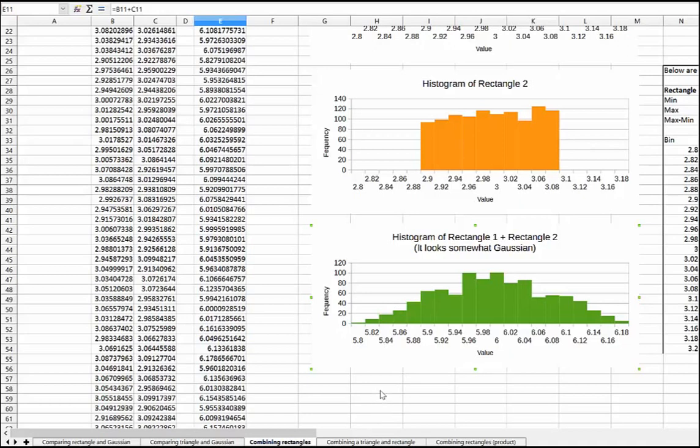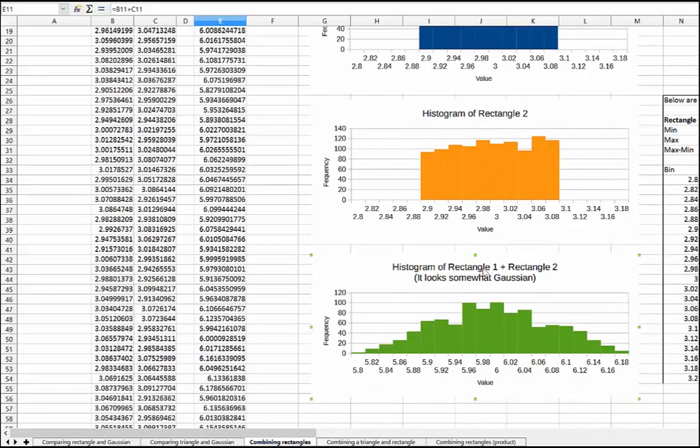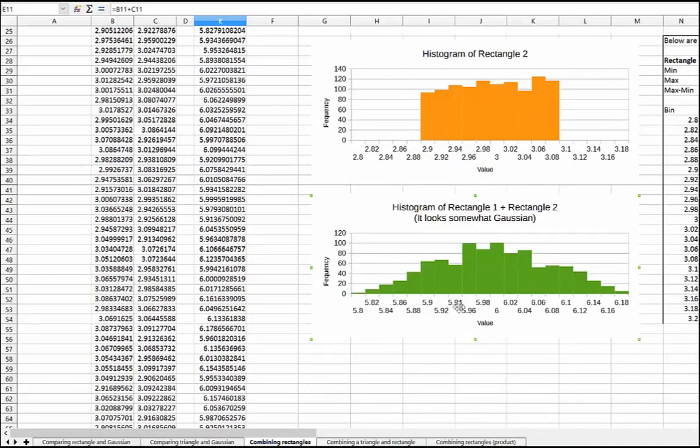And if you keep on combining more rectangulars and more triangles, or even a Gaussian, this becomes more and more Gaussian. So it looks very reasonable that what we're doing is approximating our rectangular distributions as Gaussians when we're doing our uncertainty propagations.